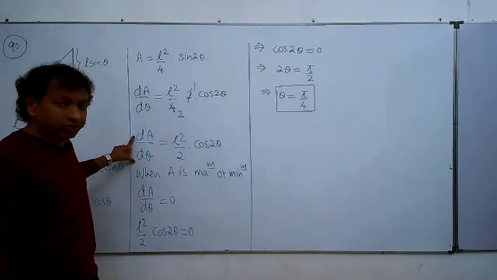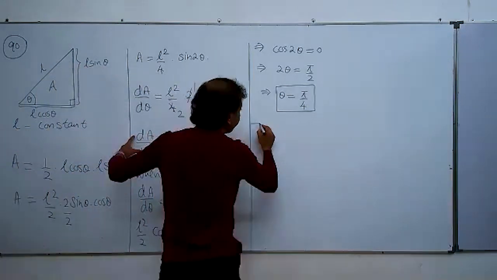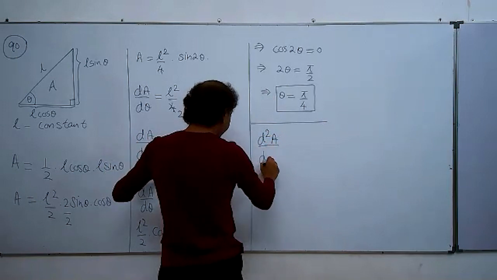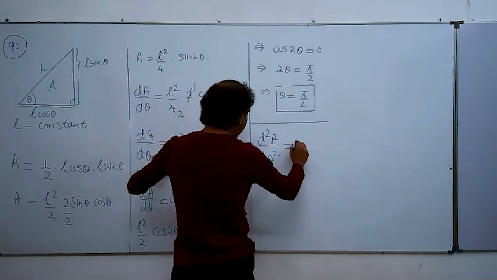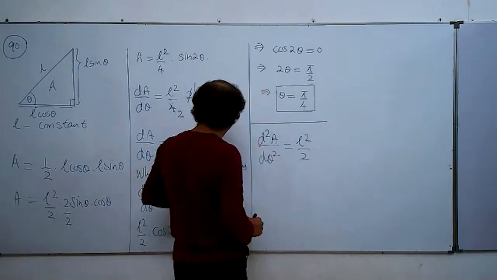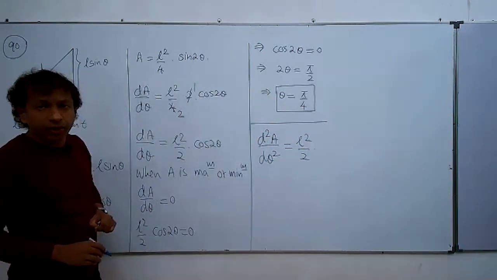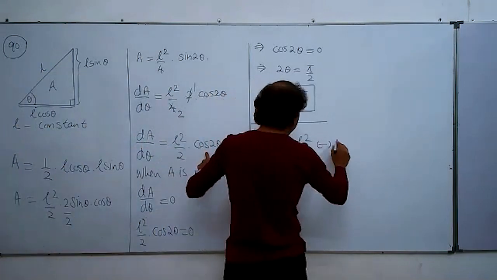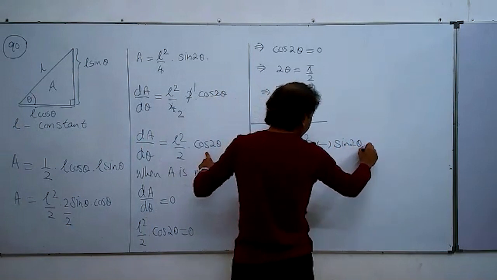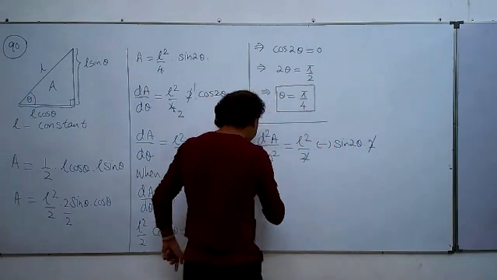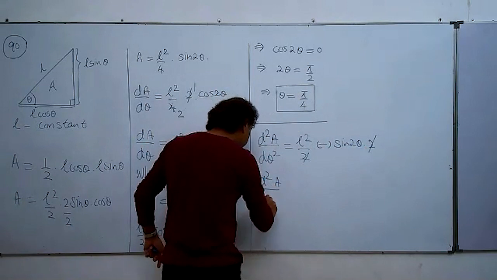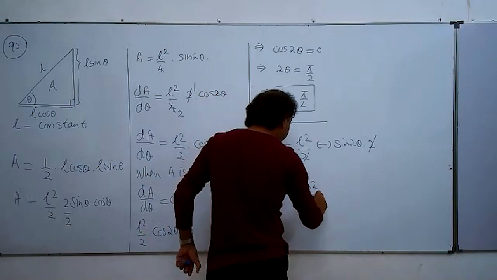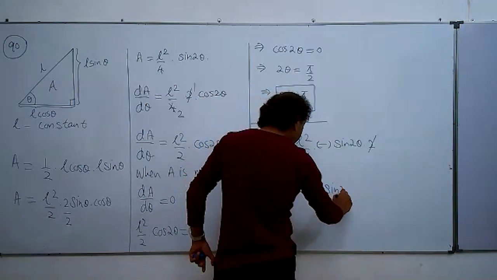That means I am going to differentiate this again. d2A over d theta 2 equals L squared by 2 times the derivative of cos 2 theta, which is minus sin 2 theta into 2. This and this you can cancel down. d2A upon d theta 2 equals minus L squared sin 2 theta.